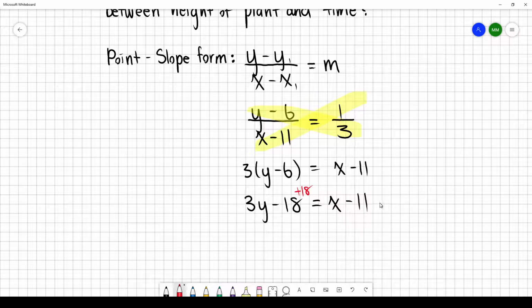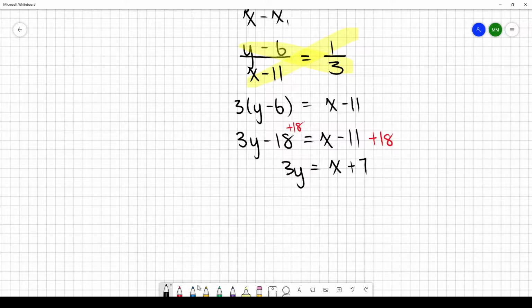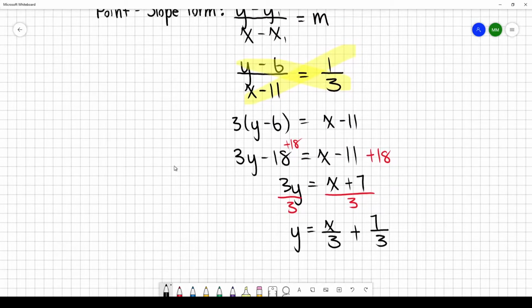Add 18 on both sides. 3y is equal to x plus 7. So just to simplify it a bit, I get y is equal to x divided by 3 plus 7 divided by 3. So there's the equation.